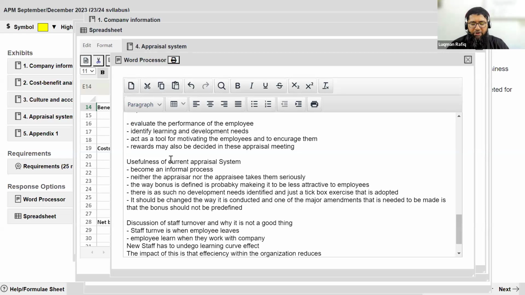Lovely. So basically, we have been able to do one of the examination questions, which gives you a good idea as to how a question should be dealt with in the examination.